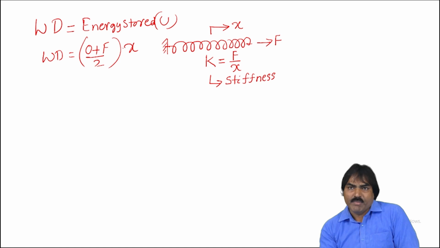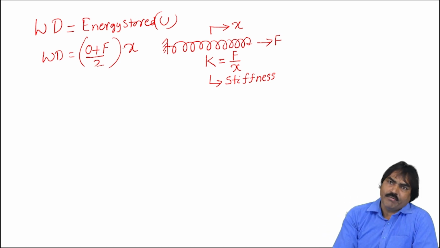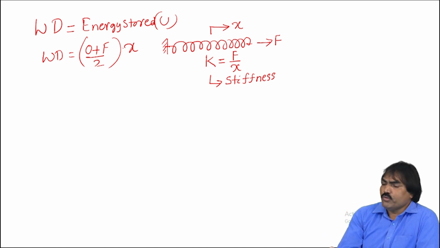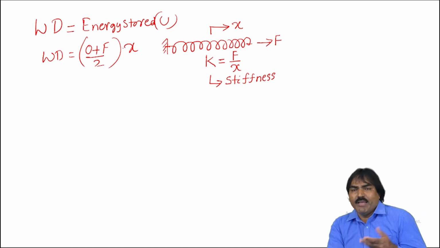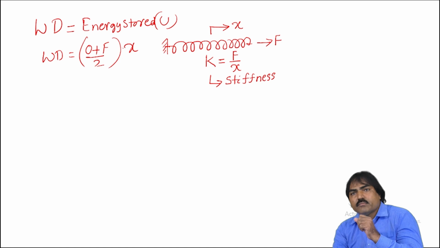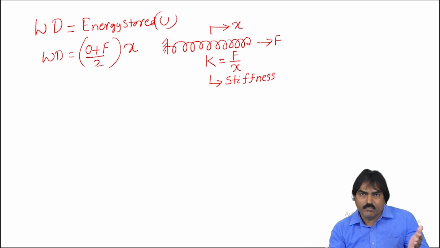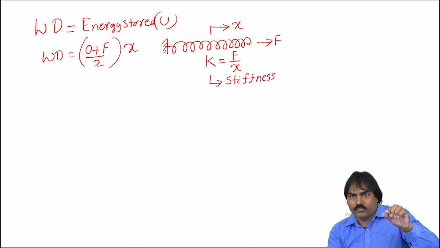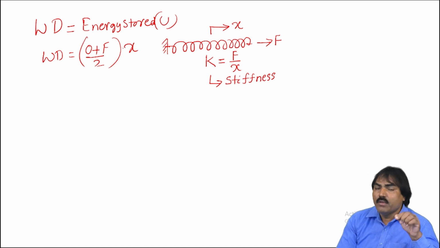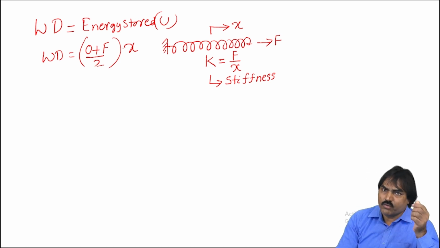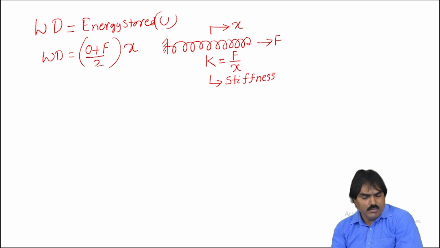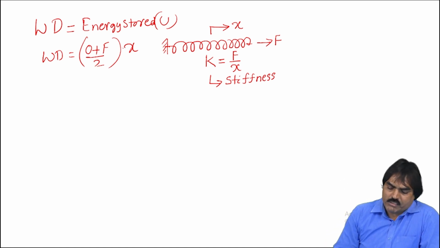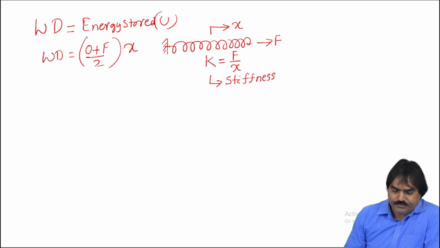So all elastic members store energy when they are loaded, and once you remove the load, they come back to the initial position. It is just like a balloon. You pump air into the balloon and it will expand. Once you open the entrance, the air will rush out, and the rushing of air will take the balloon back to its initial position. So all elastic structures have a similar behavior.